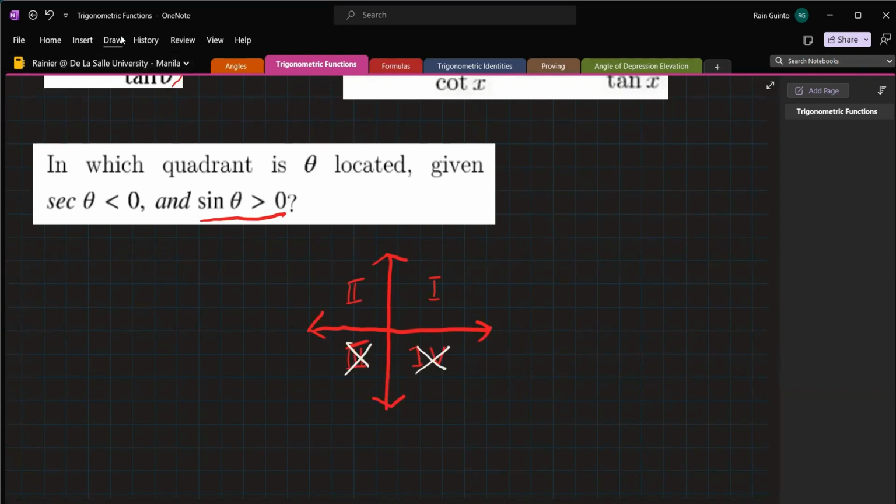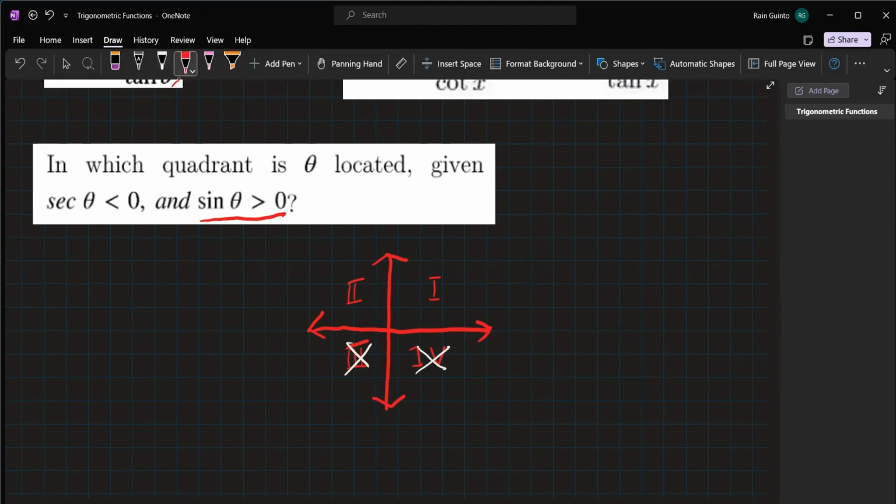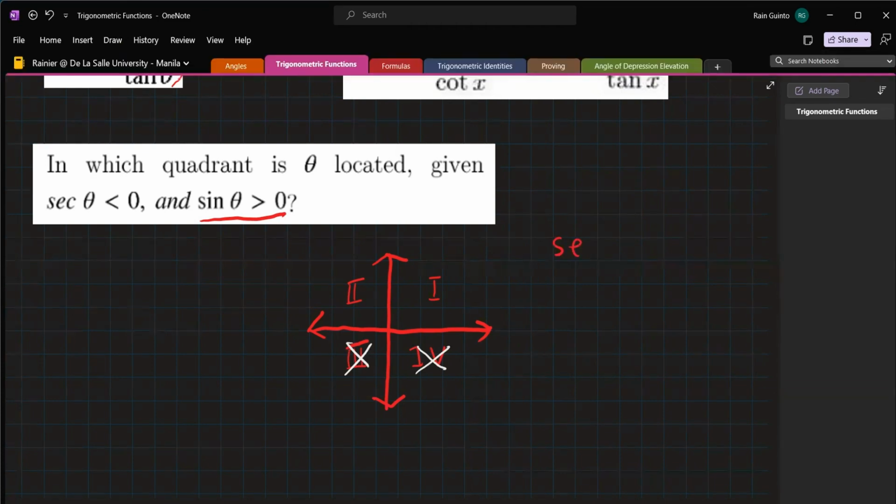Now let's get our next clue. Our next clue states that secant theta is less than 0. And let us note that secant theta is equal to 1 over cosine theta, which is less than 0. That means that cosine theta is also less than 0. Because if cosine theta was positive, then the answer would be positive, since positive divided by positive gives us positive.